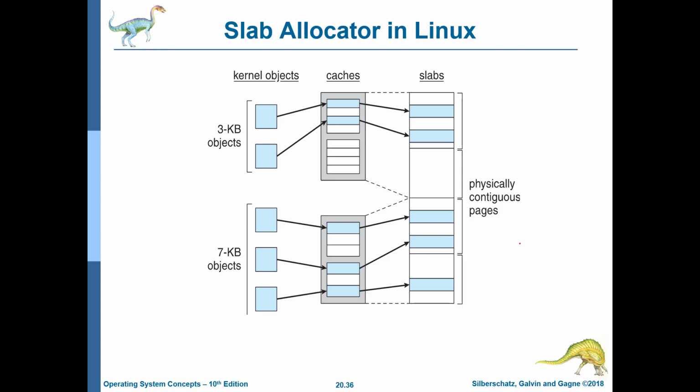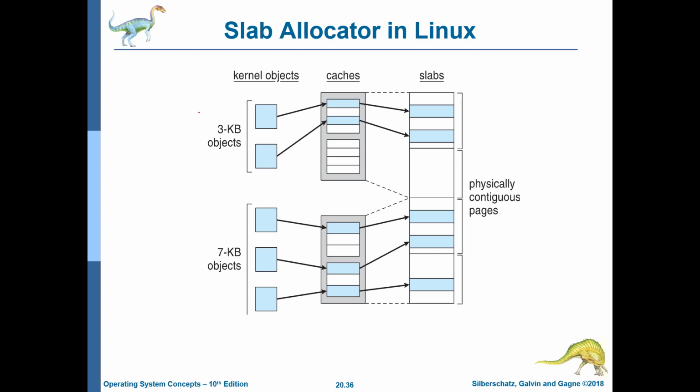The other option for storing kernel-level data is to use a slab memory allocator. The aim here is to reduce some of the internal fragmentation that was happening in the buddy allocator. So we can have a bunch of kernel objects, right?